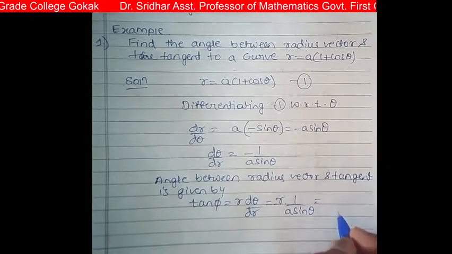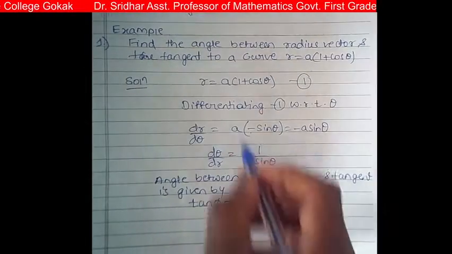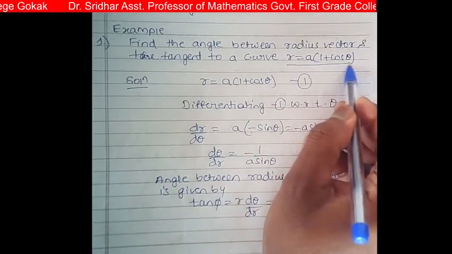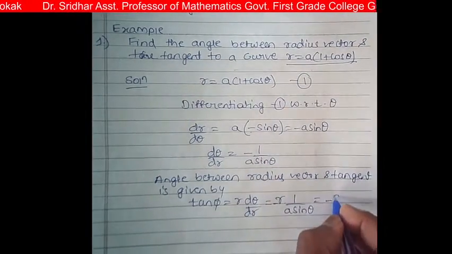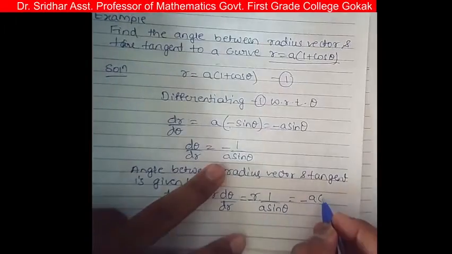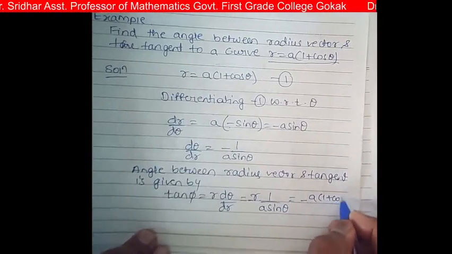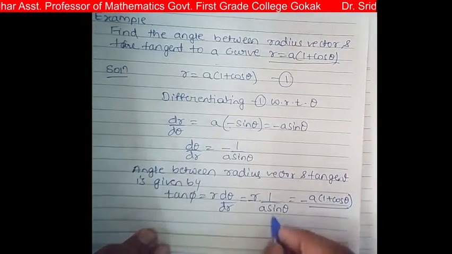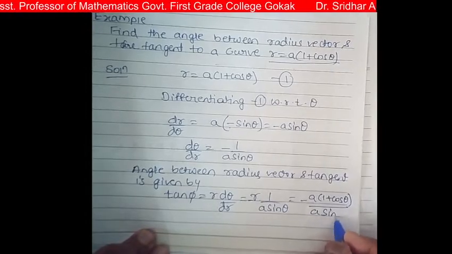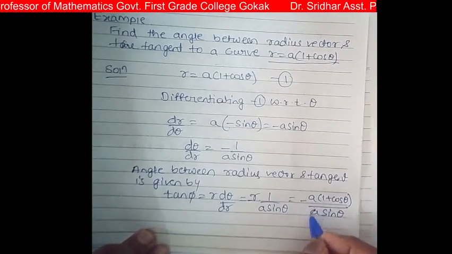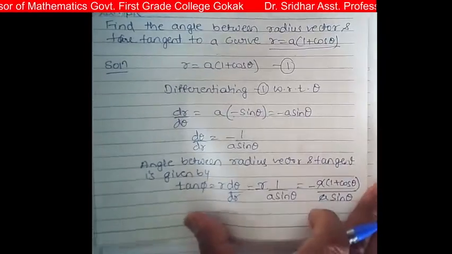Here r is a into 1 plus cos theta, so minus a into 1 plus cos theta divided by a sin theta. Now this a gets cancelled.